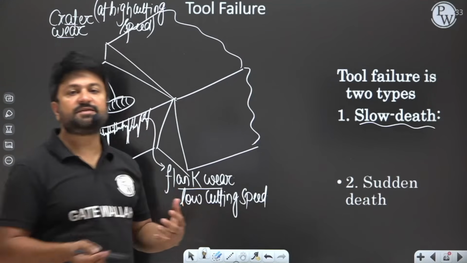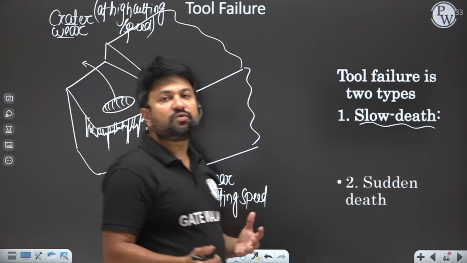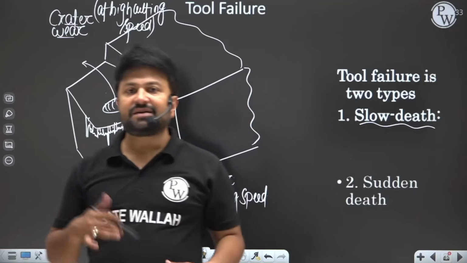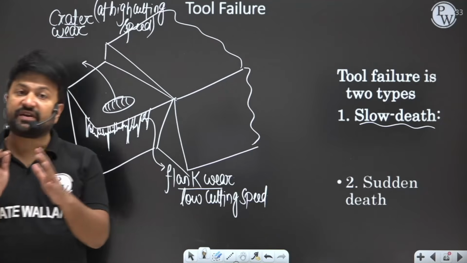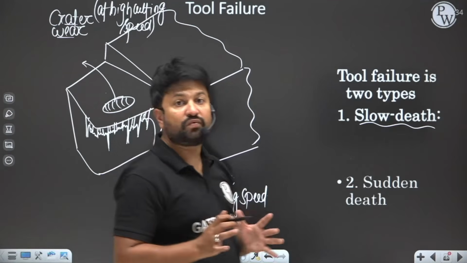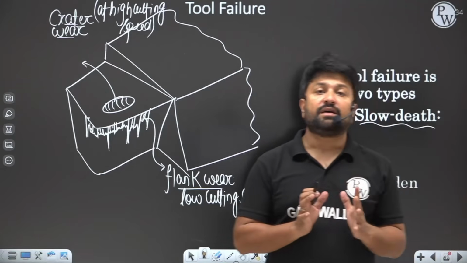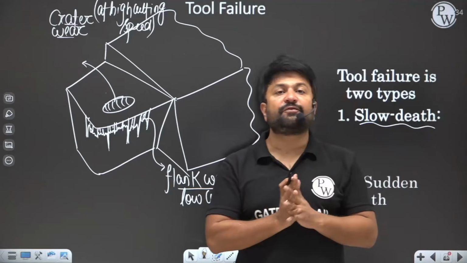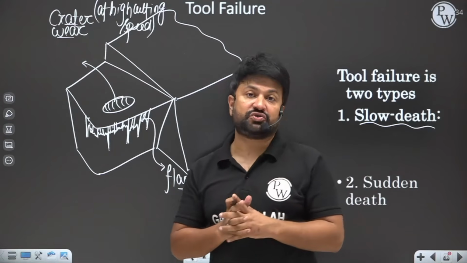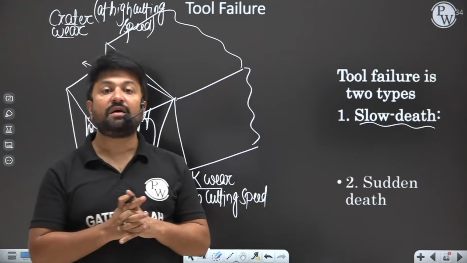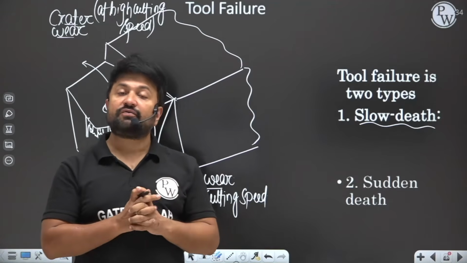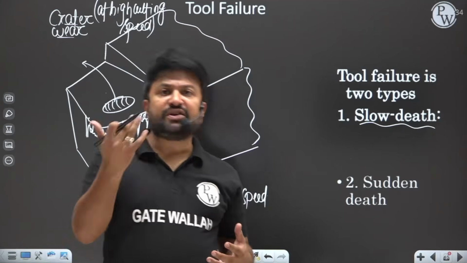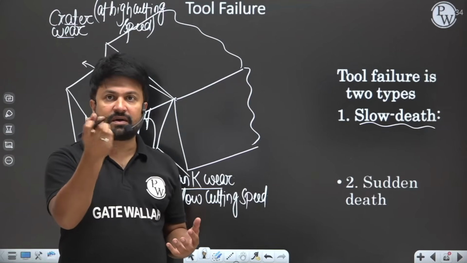Now, what is sudden death? Basically, failure leading to premature end of the tool. This type of tool failure is difficult to predict. Tool failure mechanisms include plastic deformation, brittle fracture, fatigue fracture, or edging of the cutting edge.